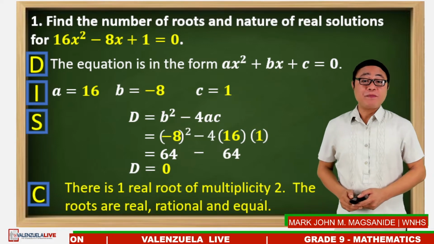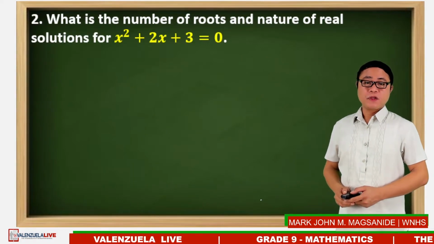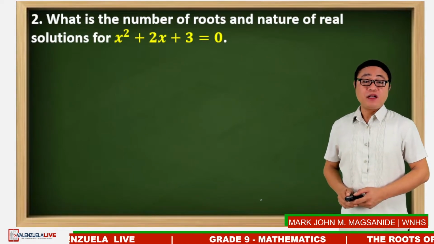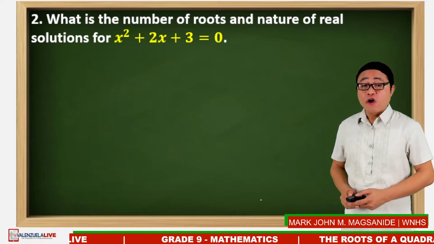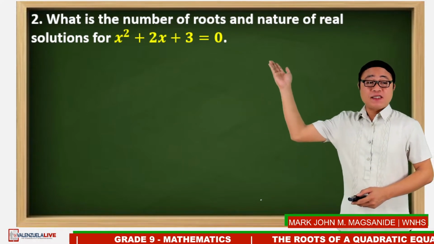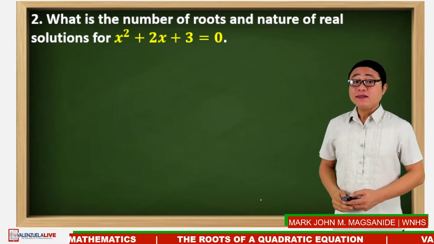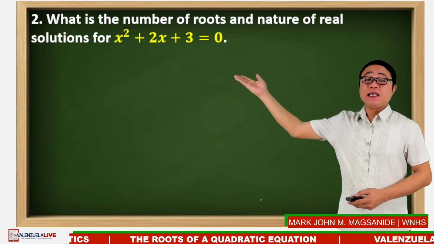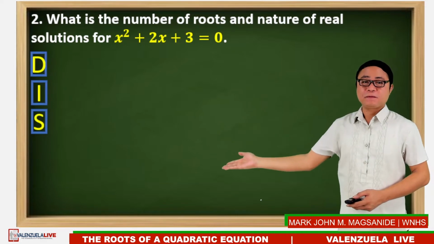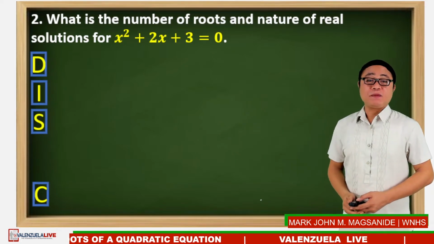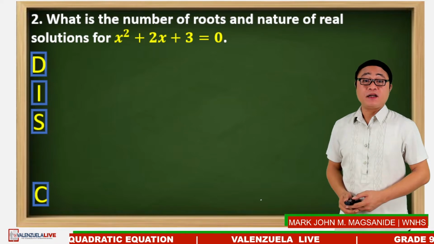For the next example, what is the number of real roots and nature of roots for x squared plus 2x plus 3 is equal to 0? Again, the acronym is DISC. First step is to determine if the given is in standard form.